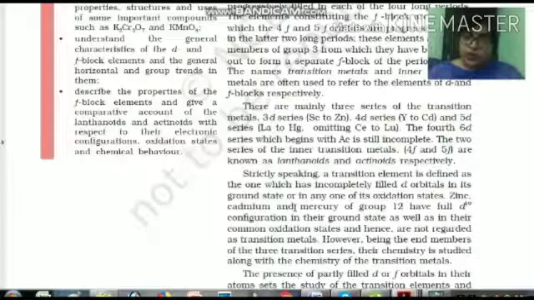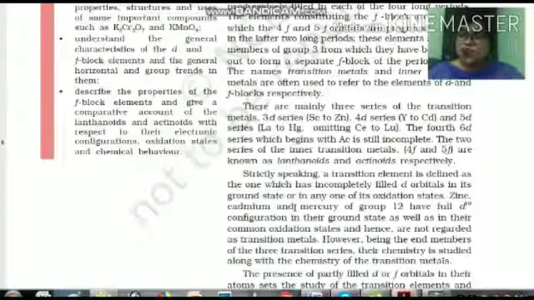The 2 series of inner transition metals, that is 4f and 5f, are known as lanthanide and actinide. The 4f are called lanthanide and the 5f are called actinide. Children, here we have seen that these D block elements comprise group 3 to group 12.